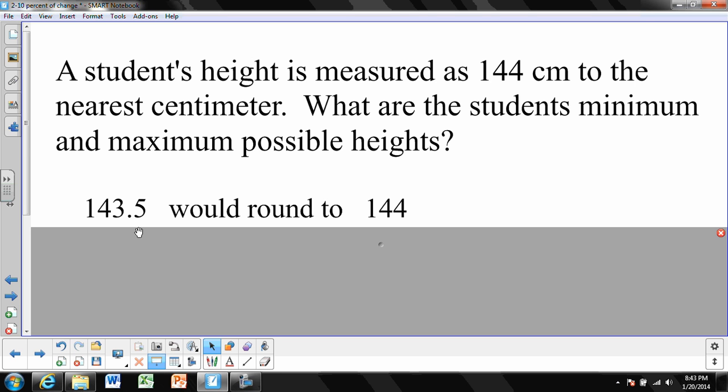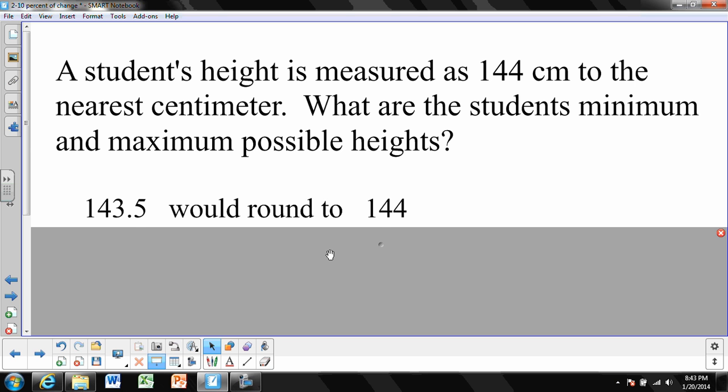In order to do that, we're going to add a decimal on, and just think, if it's 5 or higher, we're going to round it up to 144. So you want to look at the 10th spot when you're looking for the nearest possible minimum height.